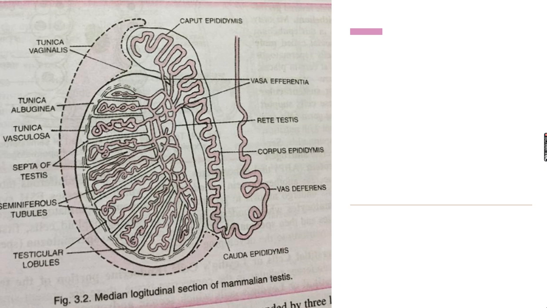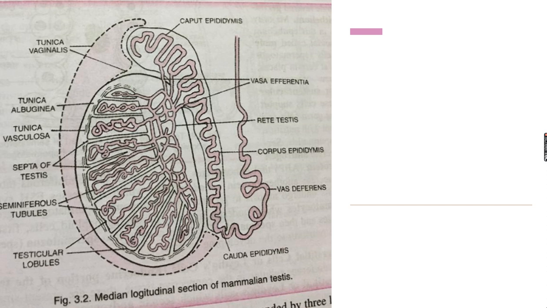Its function is the outer covering of the testes. Next is Tunica Albuginea, a fibrous covering surrounding the testes, situated under the Tunica Vaginalis. Next is Tunica Vasculosa. It consists of a network of capillaries surrounded by delicate connective tissue which lines the Tunica Albuginea.